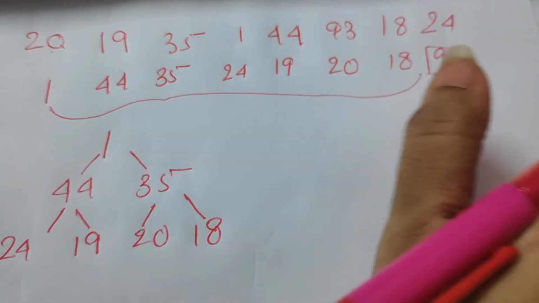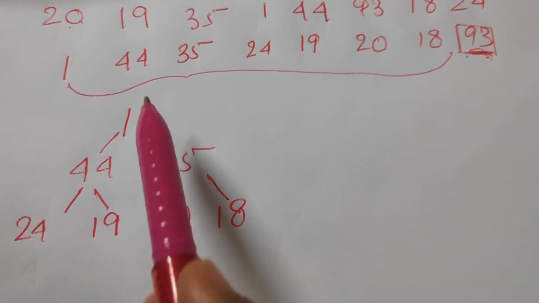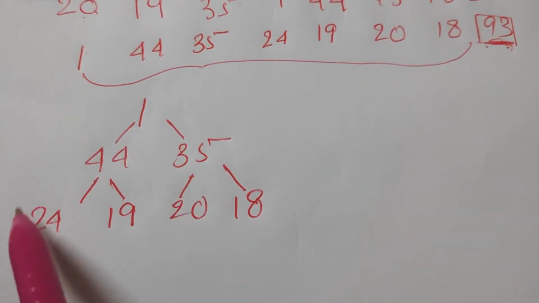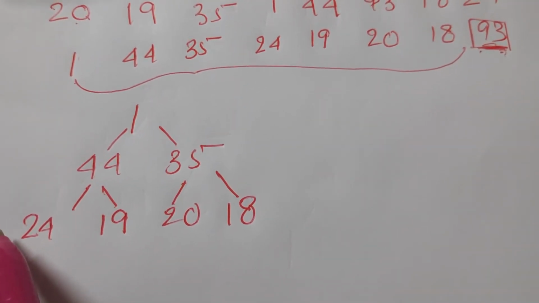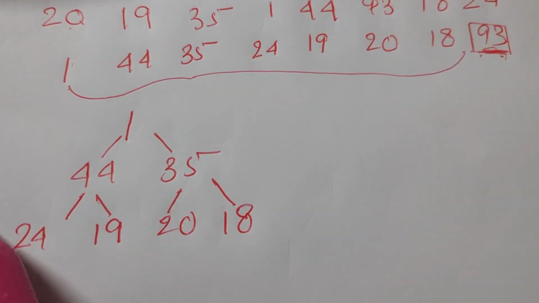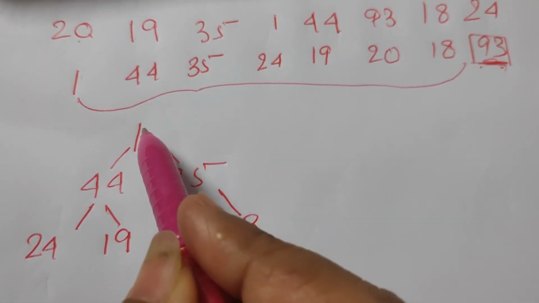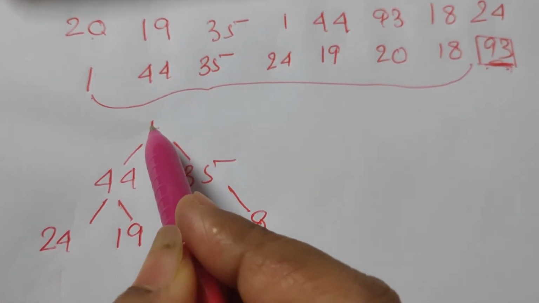So we will leave 93 as it is, and with the remaining 6 numbers we will again start off with our heap. Correct? So this was the current scenario. So again we will start from the beginning of the array now.